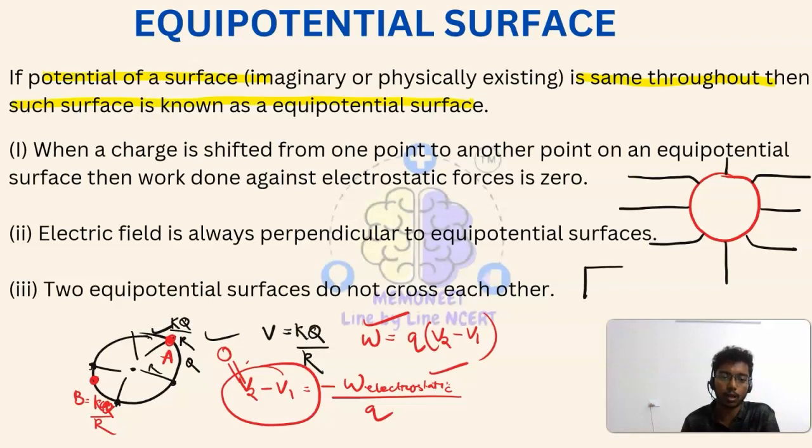Let's say we have a square here; the electric field will always be perpendicular to the equipotential surface. Two equipotential surfaces do not cross each other. If they crossed, there would be two electric field directions at one point, which is not possible. So two equipotential surfaces will never cross each other.